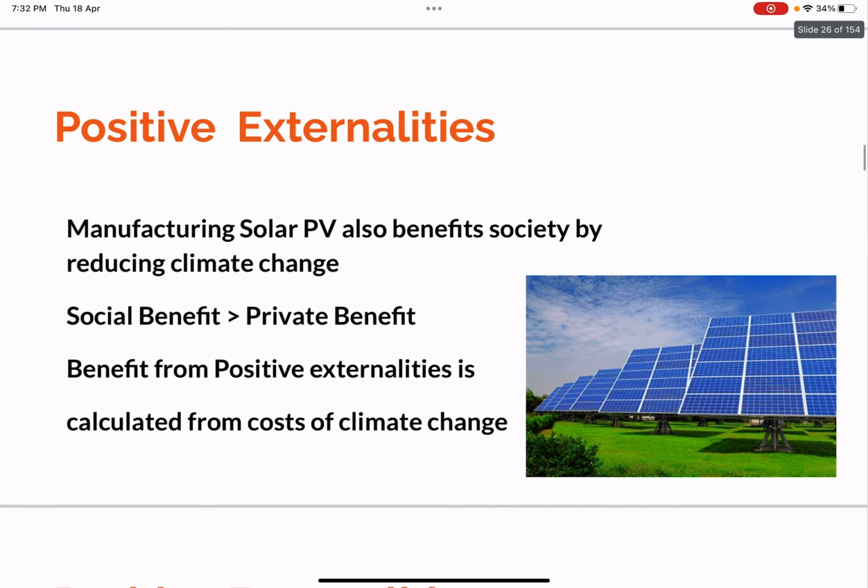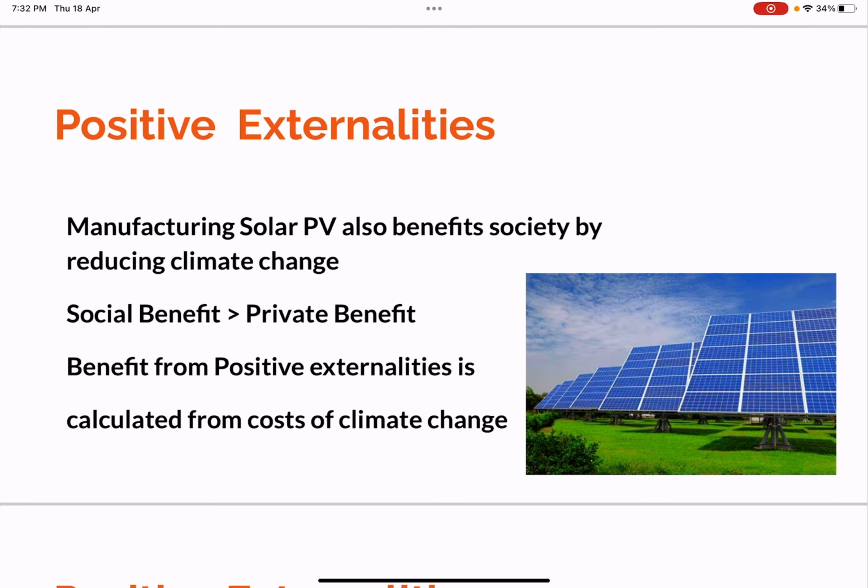Another example of positive externalities is promotion of solar photovoltaic electricity. We all know that if there is a factory which produces solar PV panels, then when the solar PV panels are used by the consumers, that would displace fossil fuel based electricity.